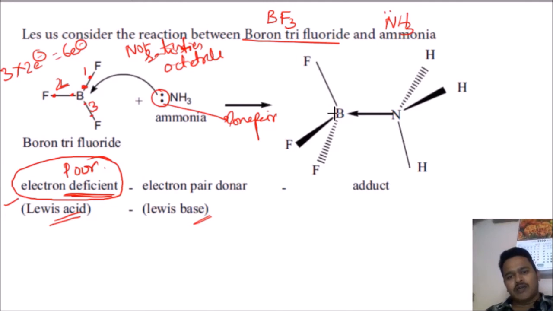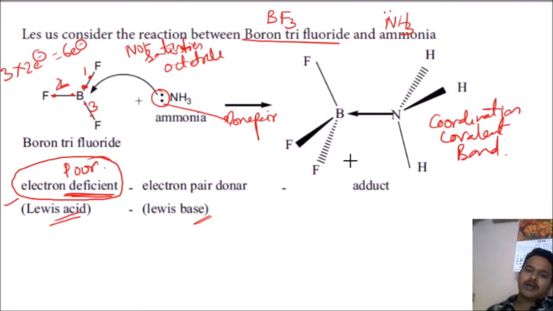The bond that is formed, with only one side donating the pair but both sharing, is called a coordination covalent bond. This is the bond formed between these two. It is like an adduct, like a complex formed.